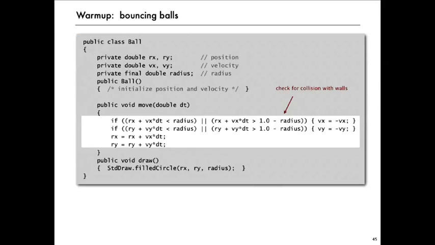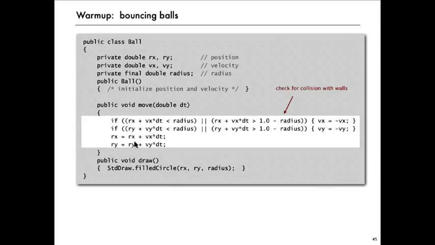So this is the implementation of the ball class. It's got position and velocity, as I mentioned, and every ball has a radius. Then there's a constructor, and maybe we have a constructor that takes arguments that initialize the position and the velocity, or maybe initializes them to a random position if there are no arguments. And then here's the move method.